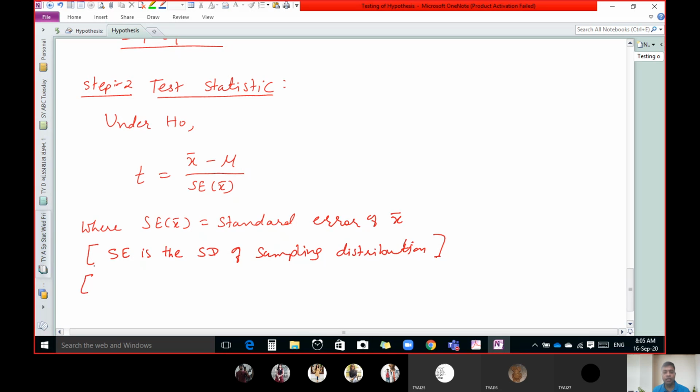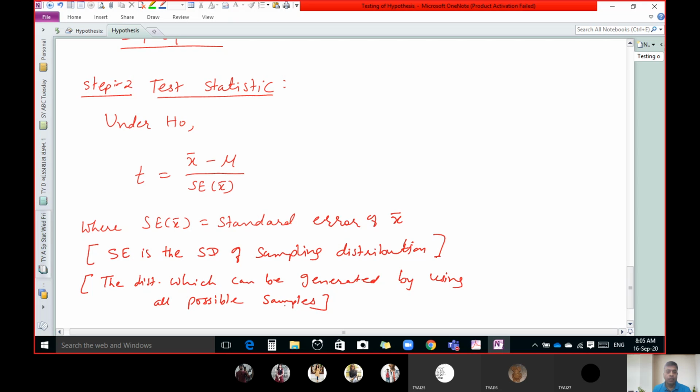Sampling distribution means the distribution which can be generated by using all possible samples.